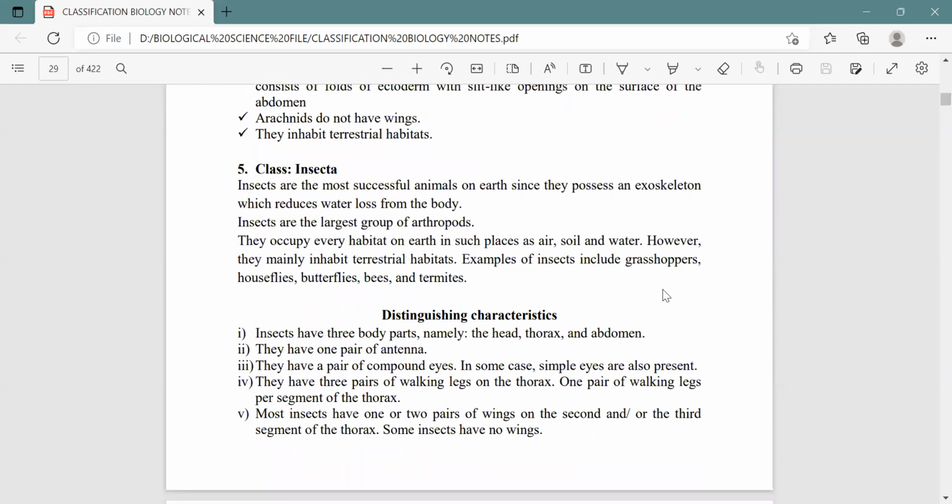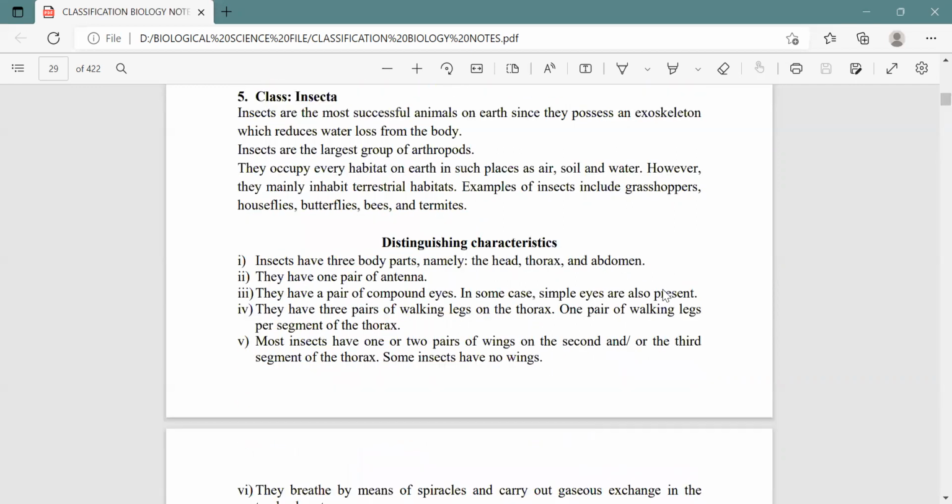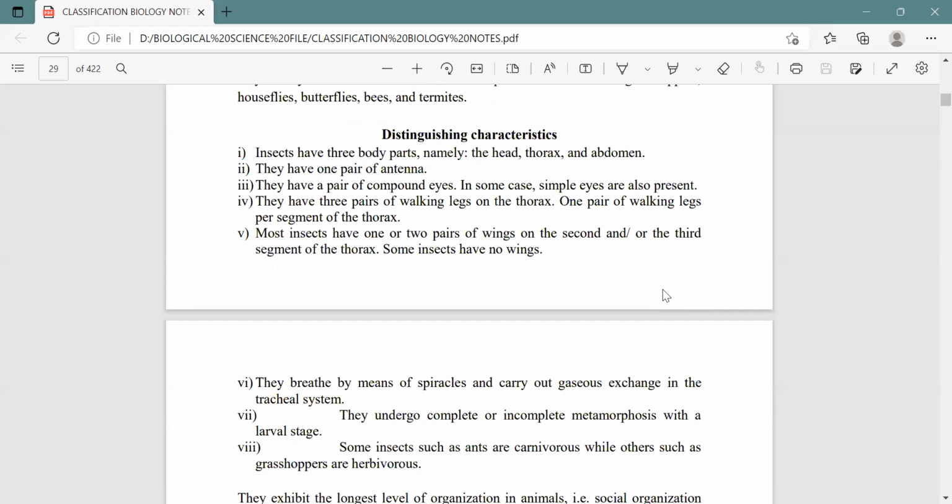So, you know these distinguishing features, the characteristics of these insects. Rather than you outlining these characteristics of insects separately, go back to what I've said.